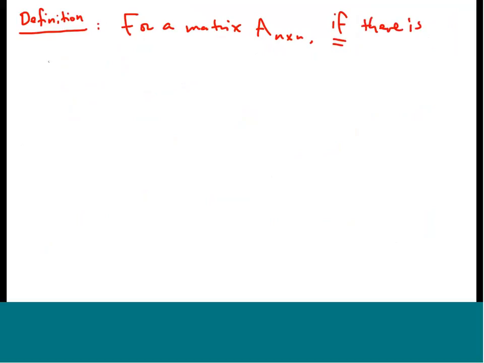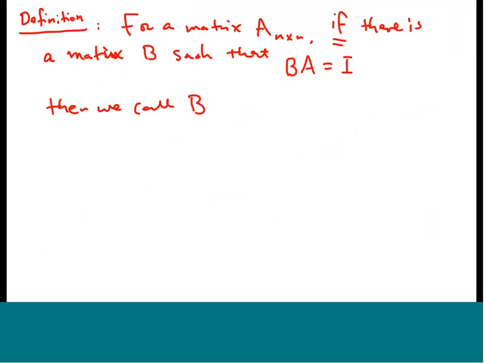So the definition: for a matrix A, usually we talk about n by n, if there is a matrix B such that BA equals I, then we call B the inverse of A.